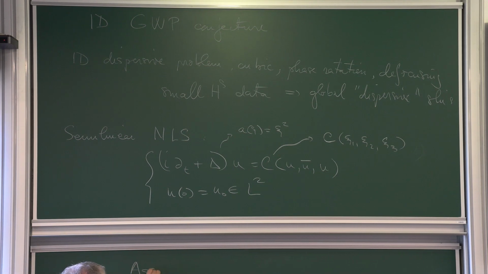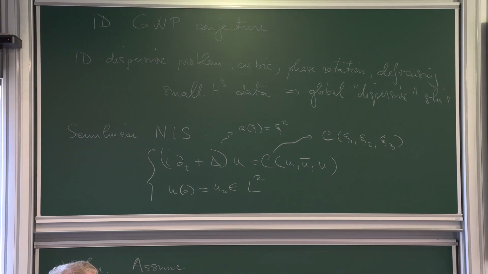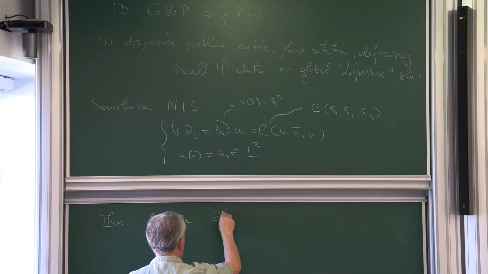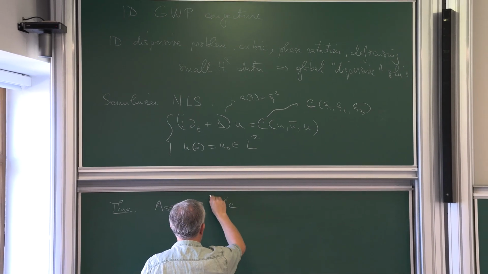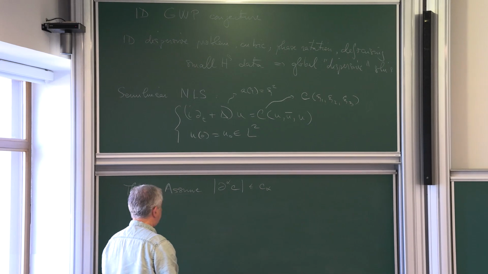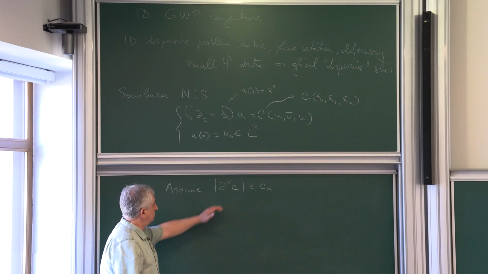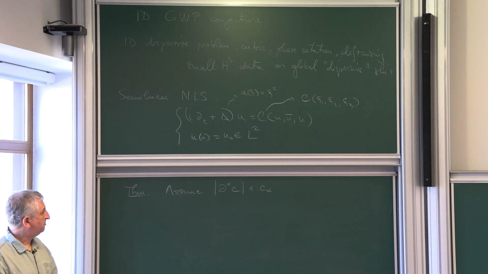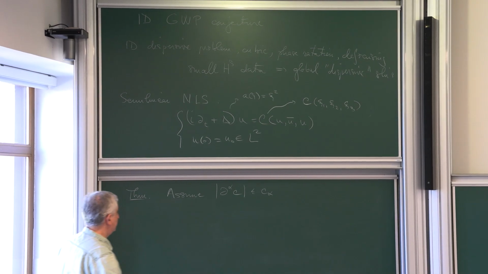So let's assume, we need to make some assumptions about this symbol C of the trilinear form, that C is smaller than C alpha. So this is just a bound on C. This is maybe to say that the problem is semilinear.